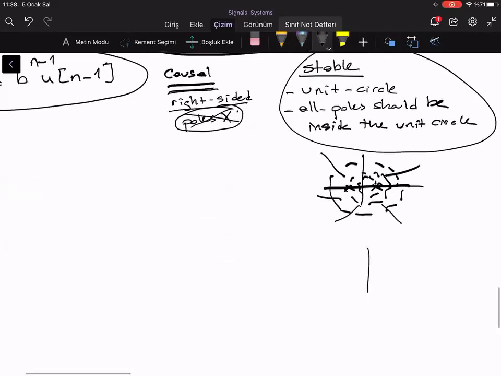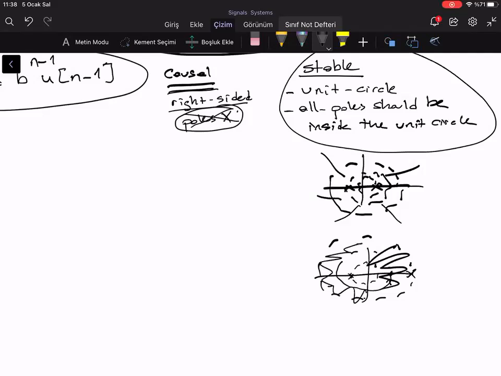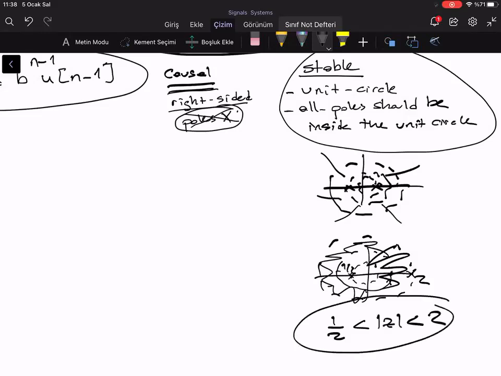Or if we have something like this, for example, arkadaşlar, and this is my one unit circle here, then I should have something in between, right? Let's say this is one, minus 1 over 2, poles are like that, then my z should be like this, for this to be stable.